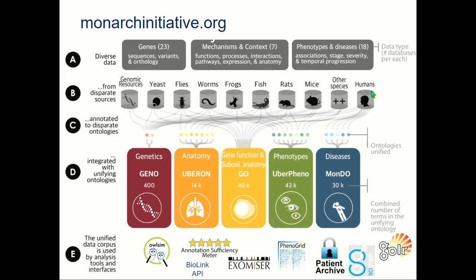And as I said, for all different species. The way this works is everything's mapped to ontologies, so the Monarch Initiative also maintains a lot of ontologies, such as the Mondo disease ontology and the Uberpheno cross-species phenotype ontology. This allows you to query across all these diverse data sources and to build some of the tools that I'll talk about later.